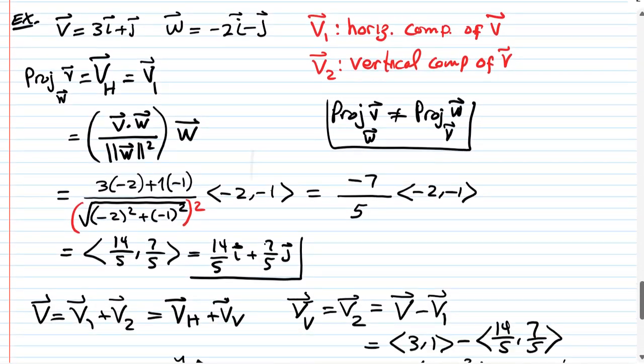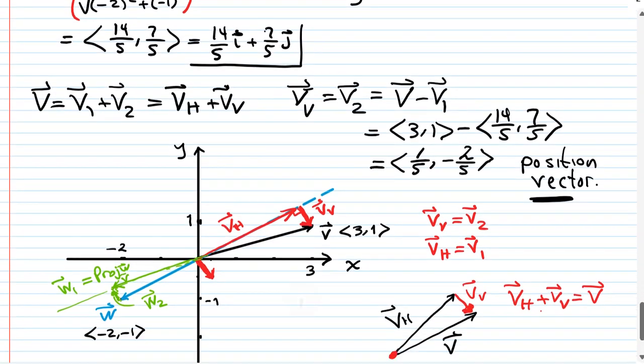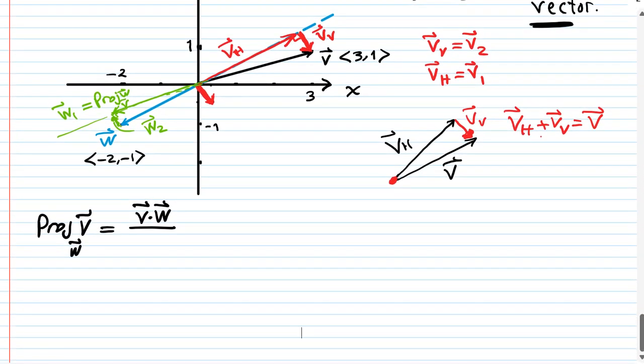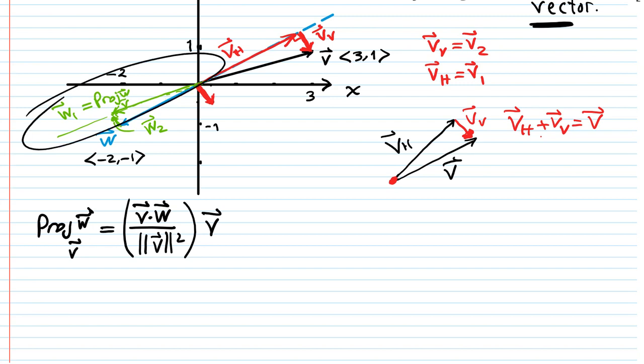Oh, we did V onto W. Okay, let's do W onto V. Sorry. We're going to do the projection of vector W onto V. So the numerator doesn't change. The denominator, now that it's the one you're projecting onto, is the magnitude of that squared, times the direction of V.